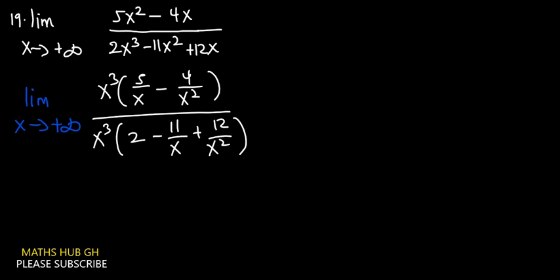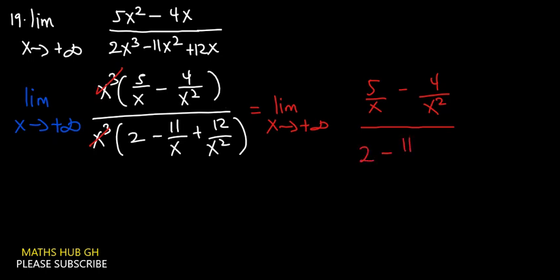So this and this will be cancelled out, and then at the end we are going to have the limit as x approaches positive infinity for 5 over x minus 4 over x squared, divided by 2 minus 11 over x plus 12 over x squared.